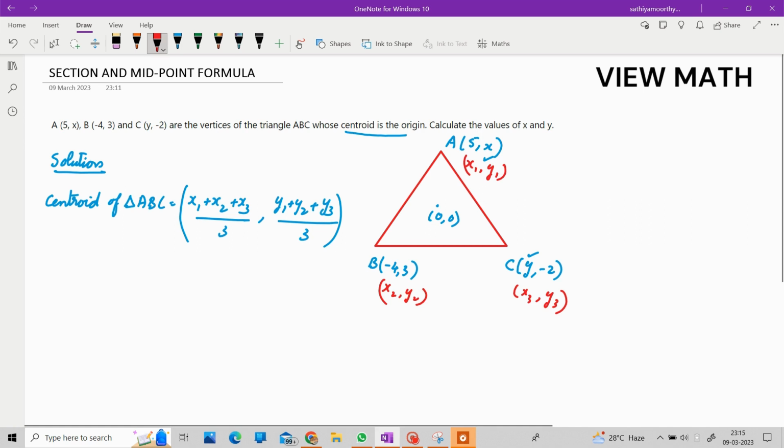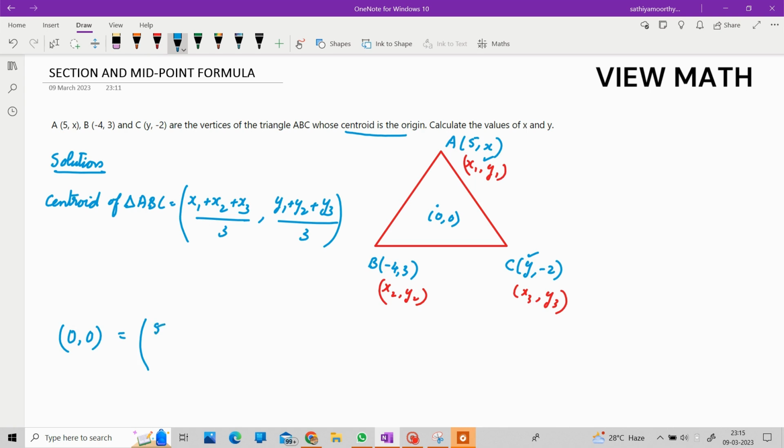Now let me substitute it. Centroid, I know it is 0, 0, that is the origin is the centroid, so I'm substituting 0, 0. Now x1 value is 5 plus x2 is minus 4, so negative 4 plus x3 is y divided by 3, y1 is x plus y2 is 3 and y3 is negative 2 divided by 3.